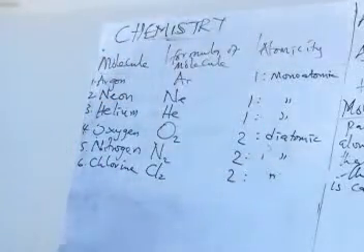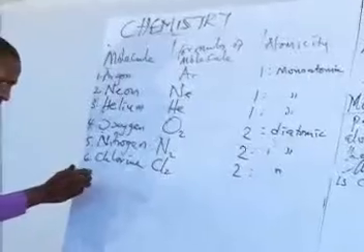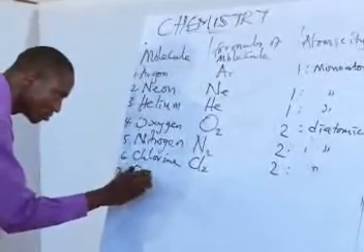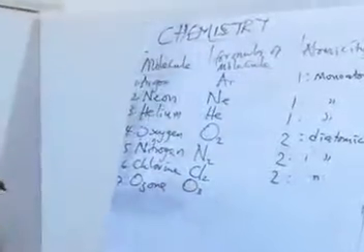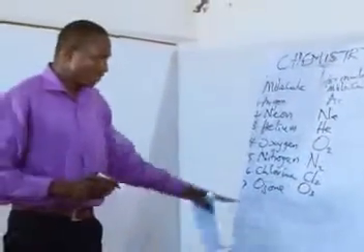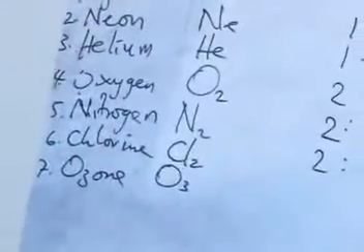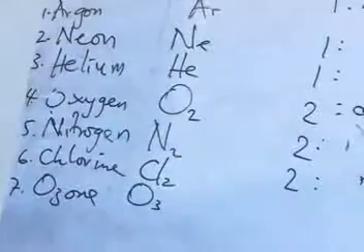So any molecule that contains more than 2 atoms is said to be poly. Examples of that are ozone molecule. The formula is O3. Please be familiar with this formula. It's O3, and the atomicity is what? 3. Why did you say 3?